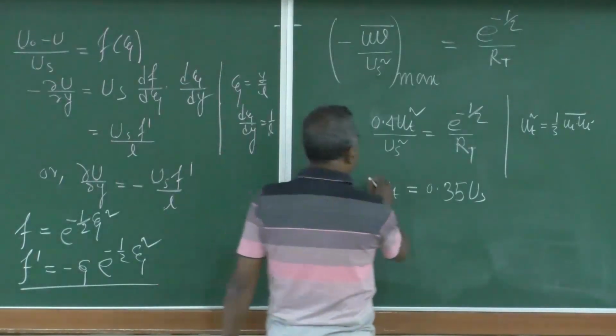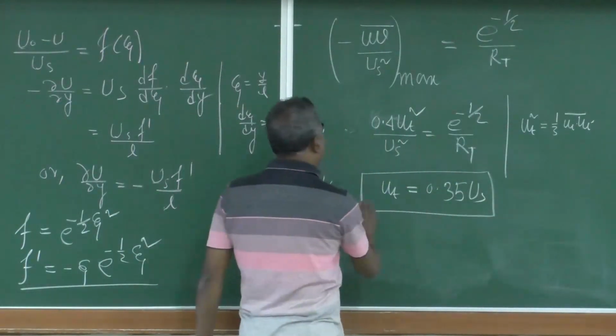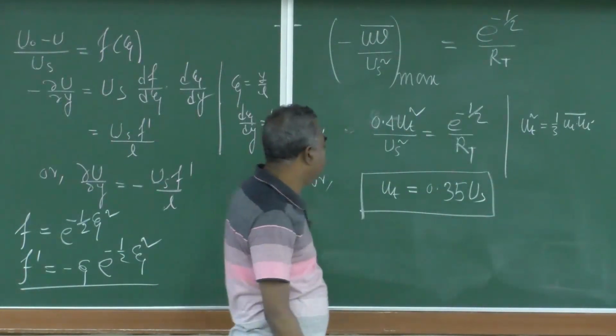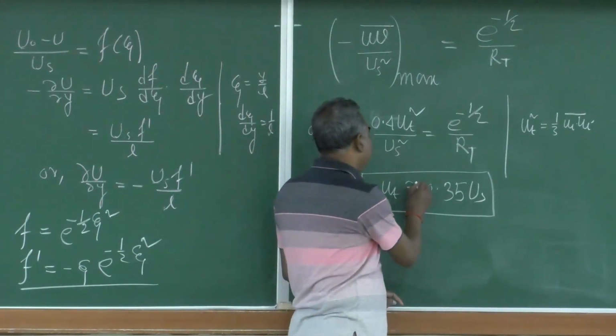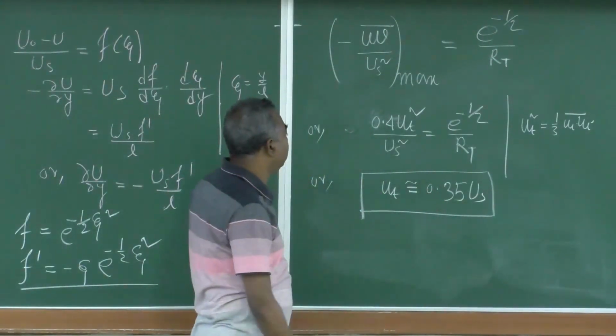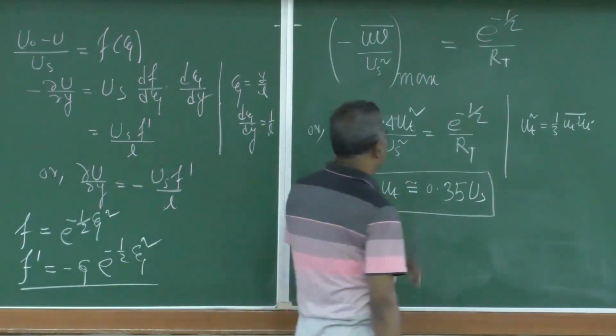So, that means ut, or RMS velocity in the wake, is given by this relation approximately. This is the relation for RMS velocity, right.